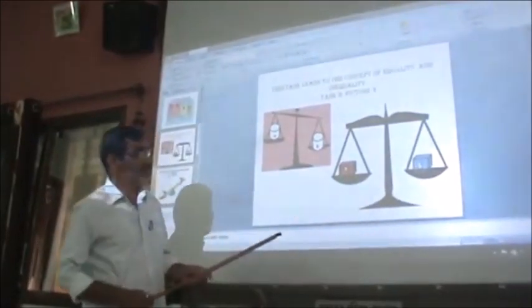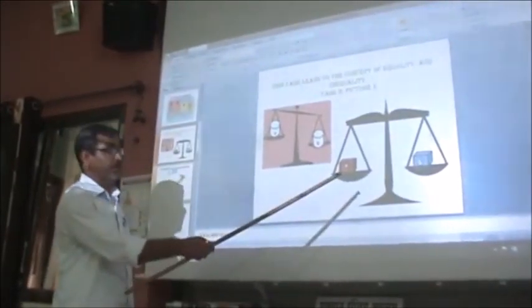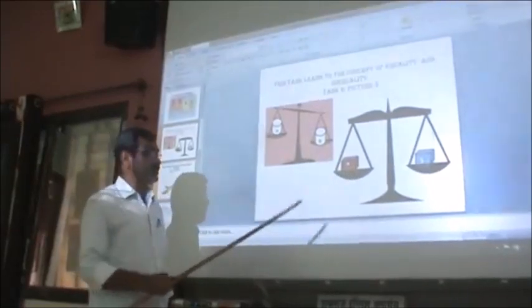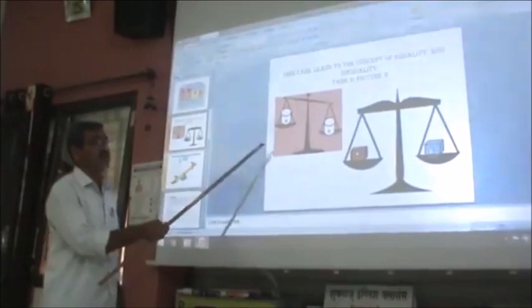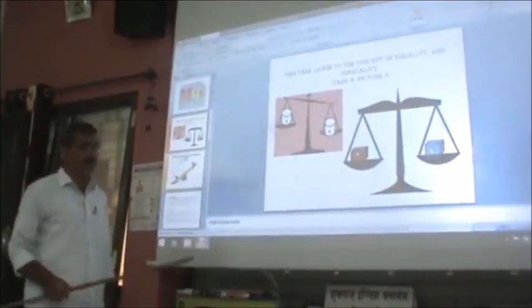Therefore, from this picture it is clear that x is equal to 5. This is the concept of the equation. We came to the equation x is equal to 5. And in the first picture, both are not equal, meaning inequality.